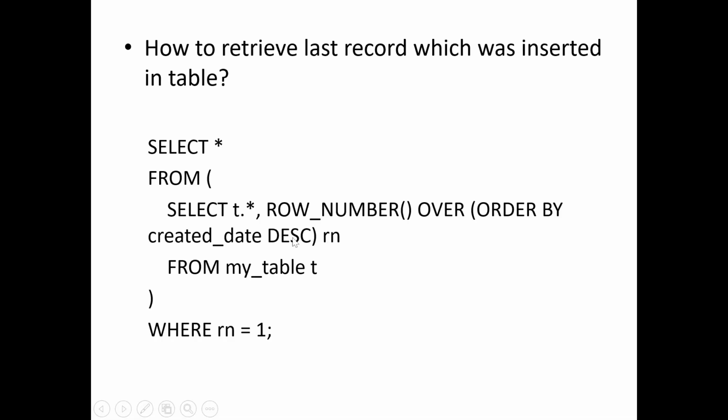It will order by descending order and return all the records. So we are returning rank one, the first record. That record was inserted last in the table.